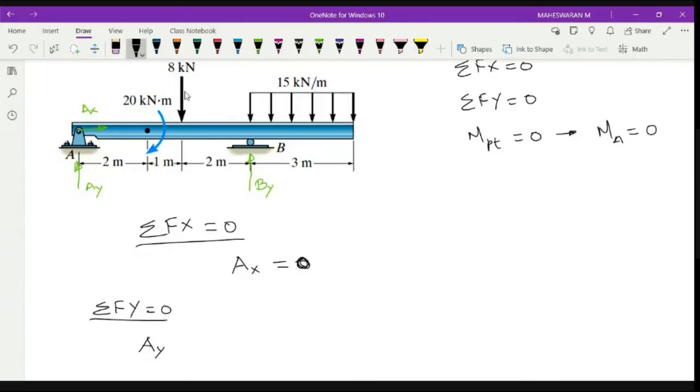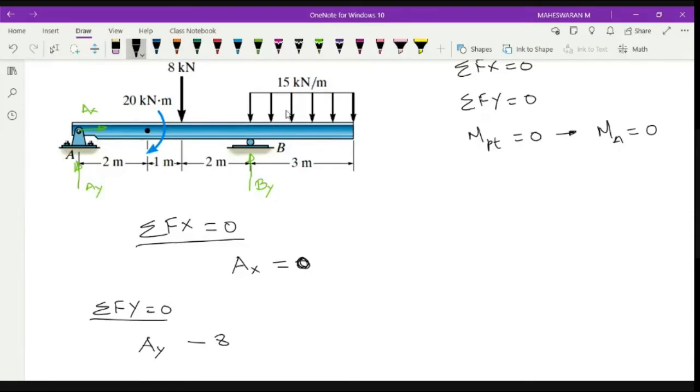Next, you have this 8 kilonewton. 8 kilonewton is acting downward, which means negative, so let me write -8. And you can see that you have a UDL here. This UDL is 15 kilonewton per meter for how many meters? 3 meters, right?